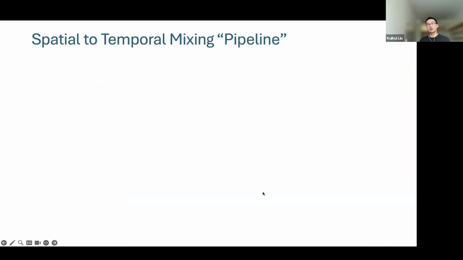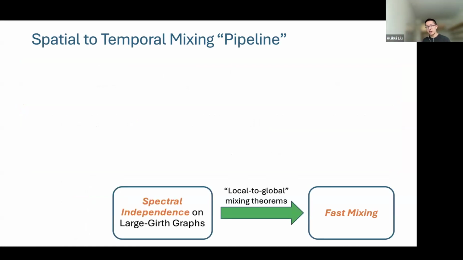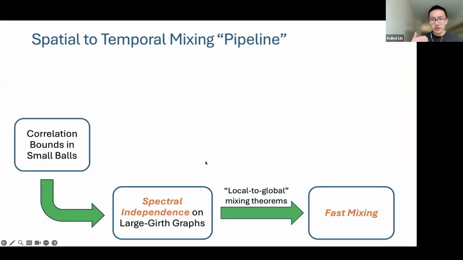So here's the sketch of how this argument roughly goes. We want to do something like fast mixing. We saw earlier how this can be obtained by establishing spectral independence. We're going to first reduce the spectral independence bound to bounding correlations within small balls in the graph.